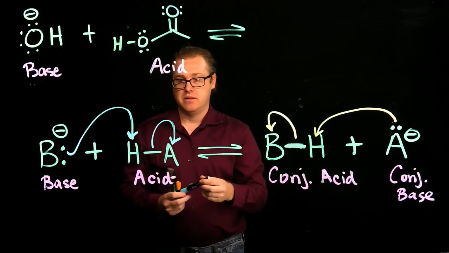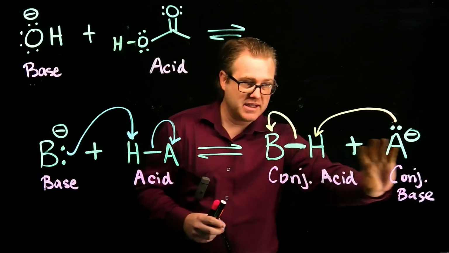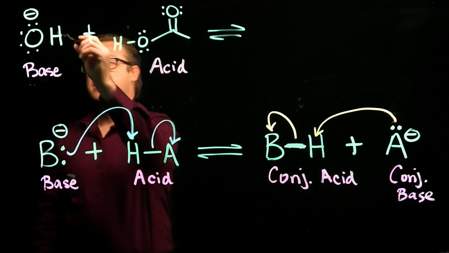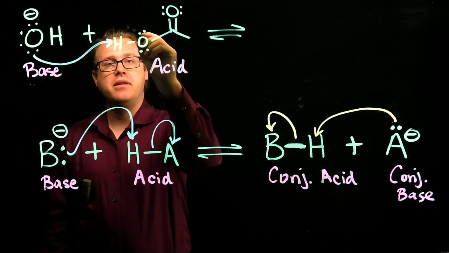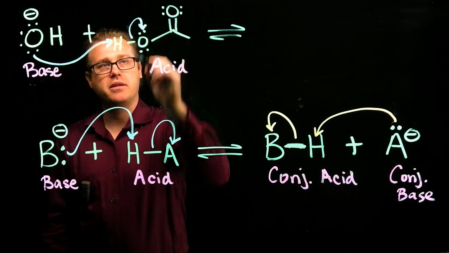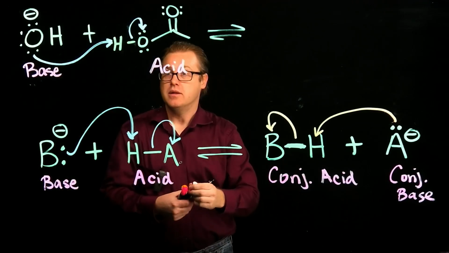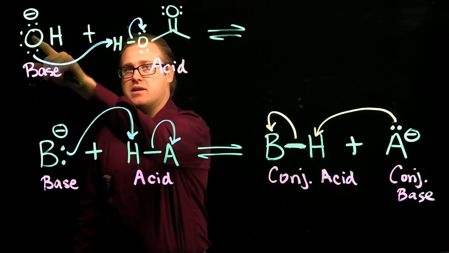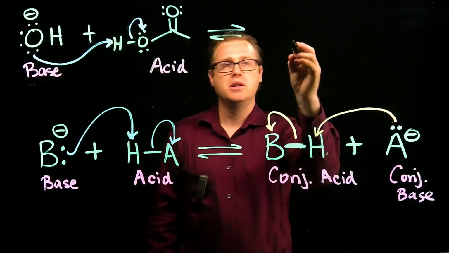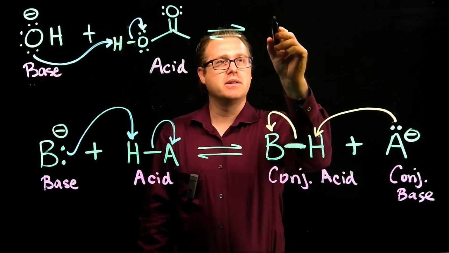So what's the mechanism? We're following this basic principle here. The base is going to come and abstract a proton, and the hydrogen-oxygen bond has to break. So can we draw what's on the product side? Well, the hydroxide grabbed the proton. So that's going to generate what? And watch this.